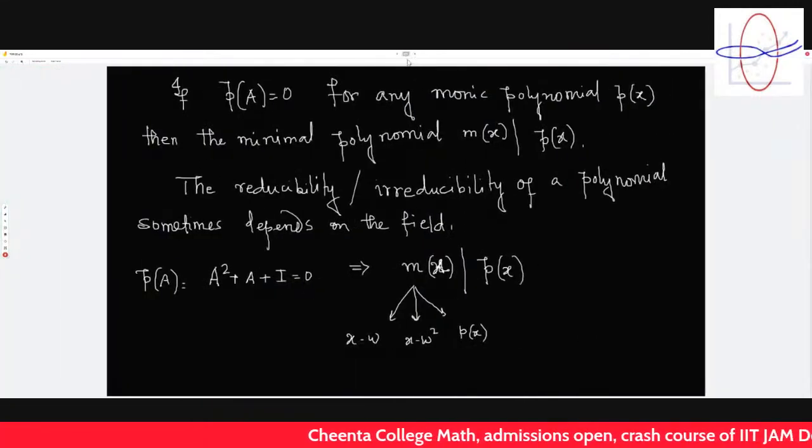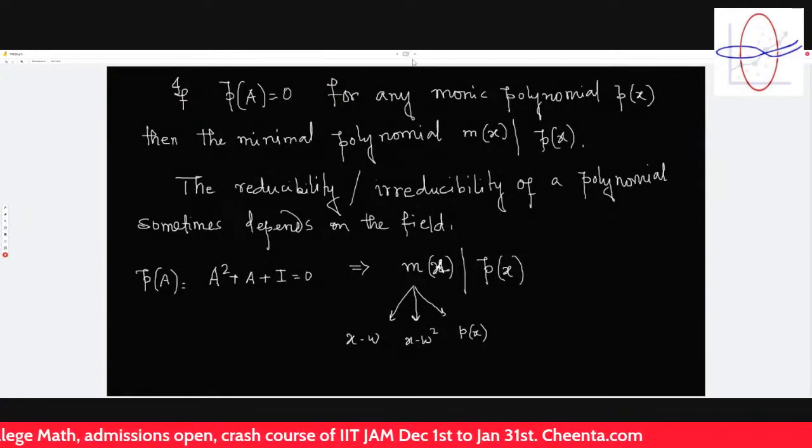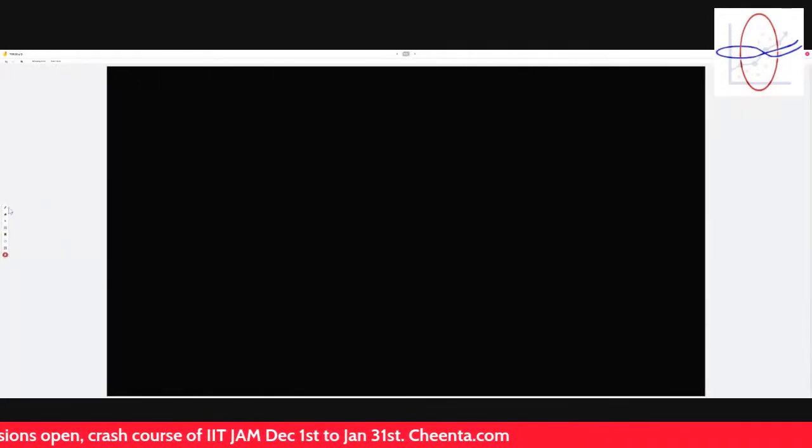Now the minimal polynomial has to be a polynomial with real coefficients. That is the property of the minimal polynomial.